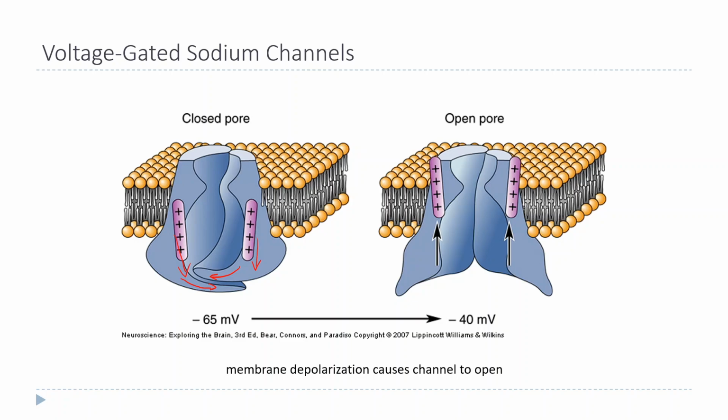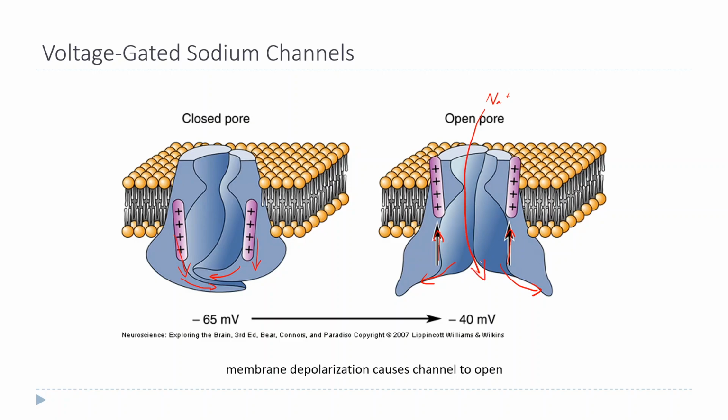But typical channels like this have a threshold of -40, and that slightly less negative membrane potential is enough to release the inward pull on these positively charged amino acids, and that lets them go up. When they do that, they pull the rest of the protein with them, and that means that now this channel is open. So sodium ions are free to come in.